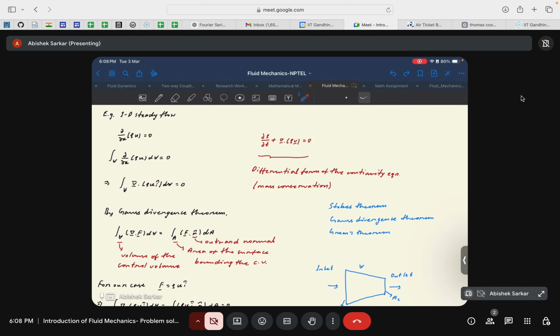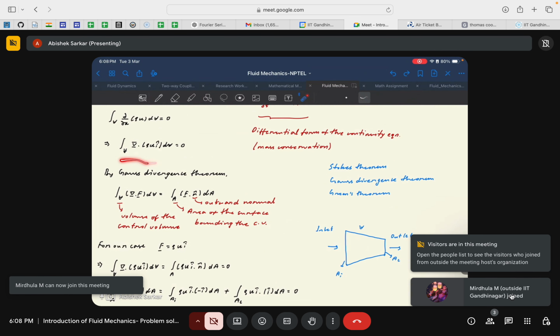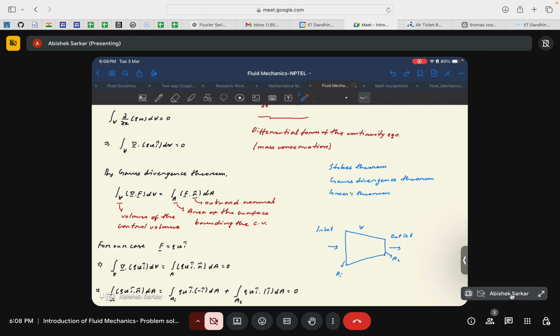It's the integral form of your continuity equation for a 1D steady flow. Now you may ask how we reached here. It's a very simple manipulation that was derived from the Gauss divergence theorem, where we convert a surface integral to a volume integral by using this relation.